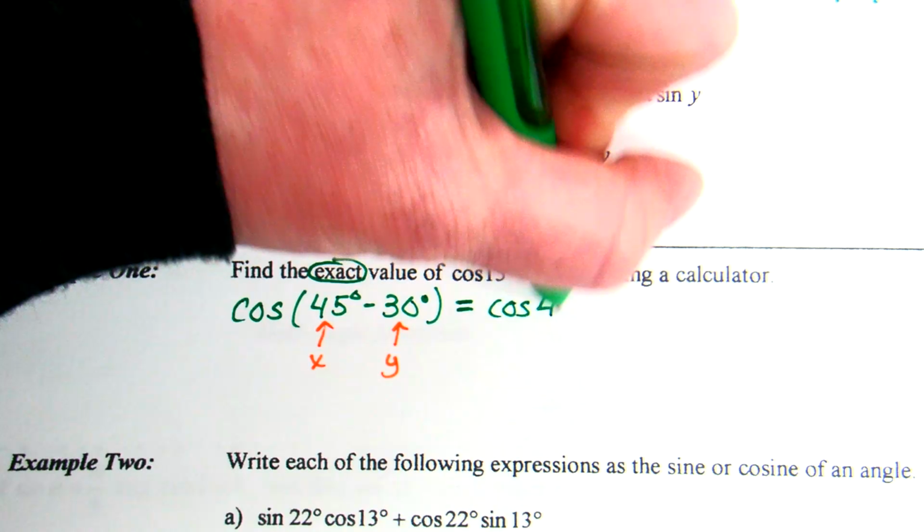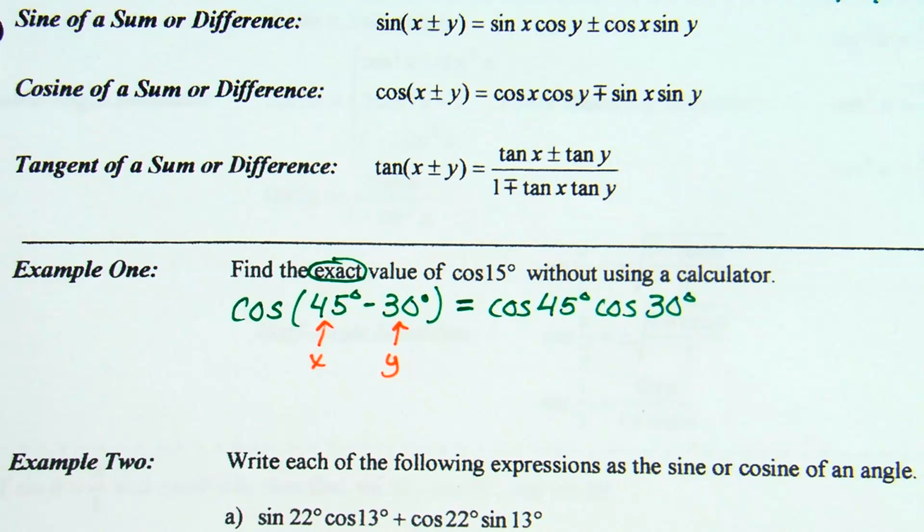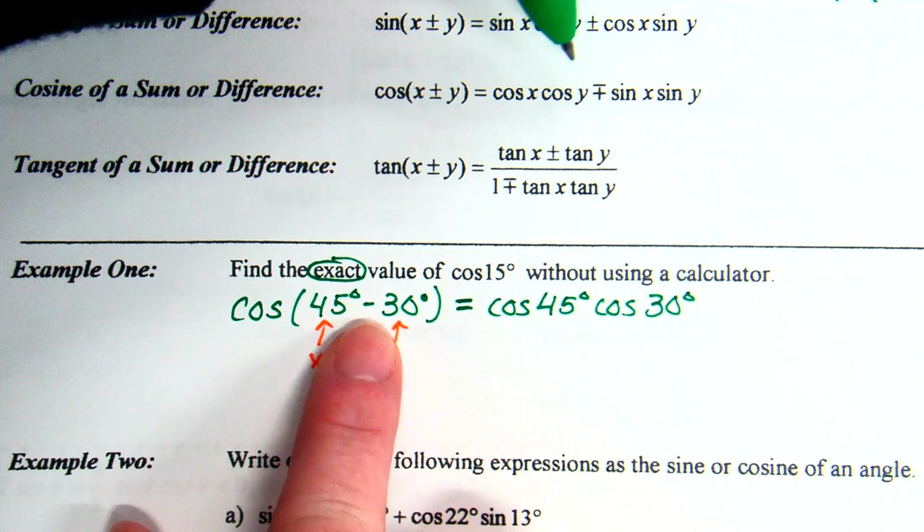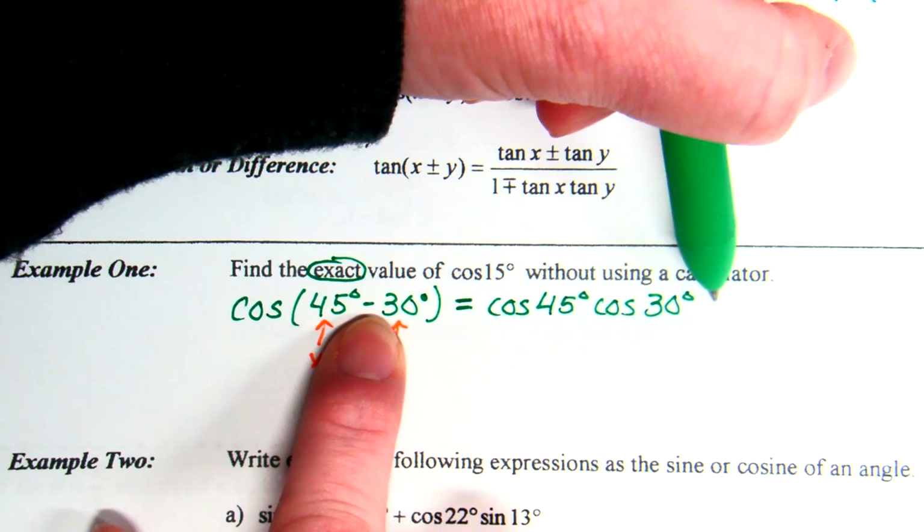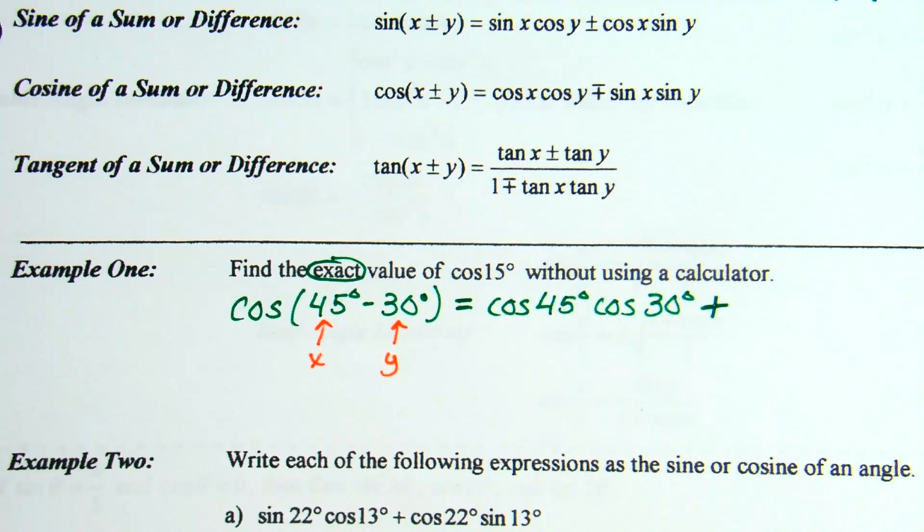So follow what it says up here: cosine x, cosine y. That means I'm going to write cosine of 45 degrees times cosine of 30 degrees. What about my sign? Do I need plus or minus here? We were given a minus to begin with.